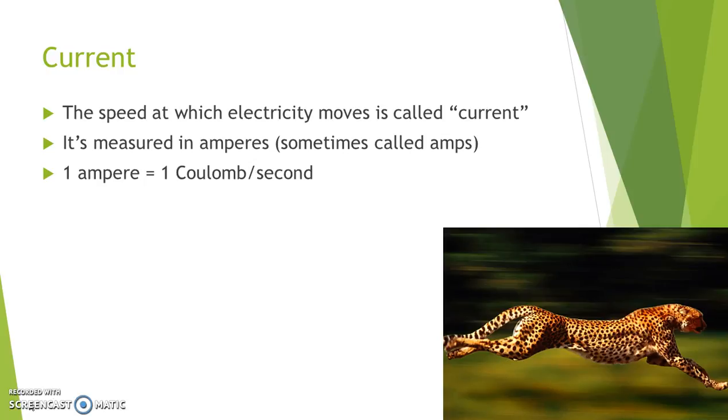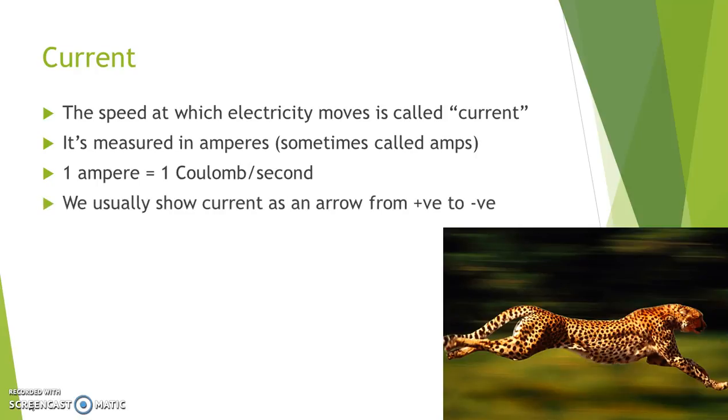So if the amount of charge moving goes up, the amperage goes up. If the time goes down, the amperage goes up. We usually label current on a schematic as an arrow from positive to negative. So positive current is positive charge moving in a given direction.